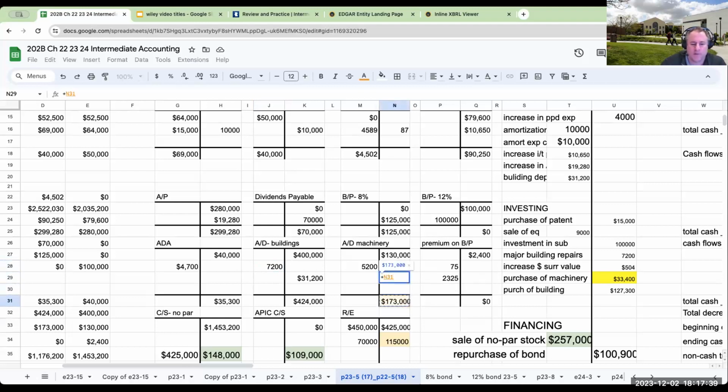The machinery is going to be 48,200. Make sure you check your work. If I'm saying 400,000 plus 31,200 minus 7,200, that's got to equal 424. Just make sure you're checking your work as you go through this. That's what you want to do. So we've got over here machinery, depreciation.